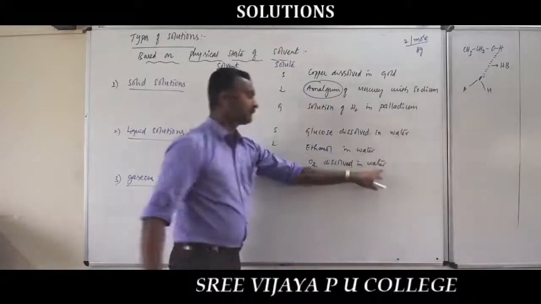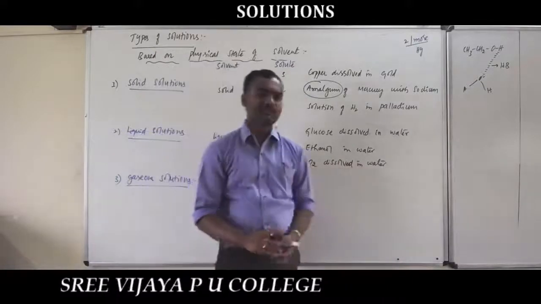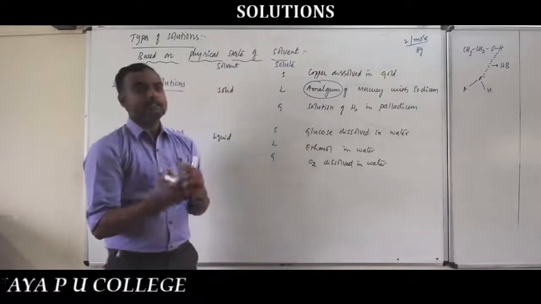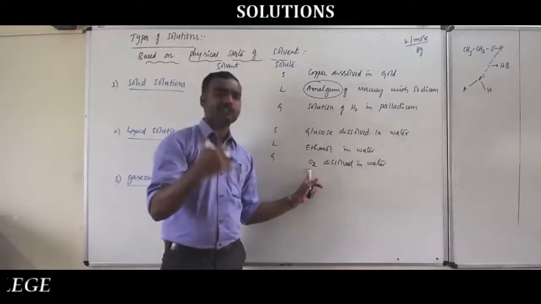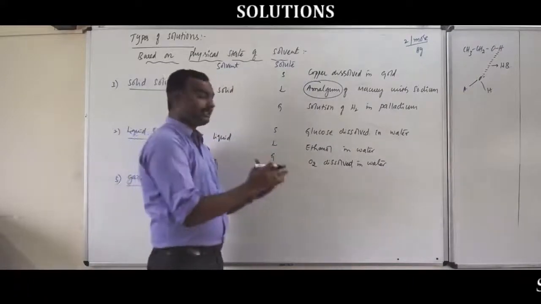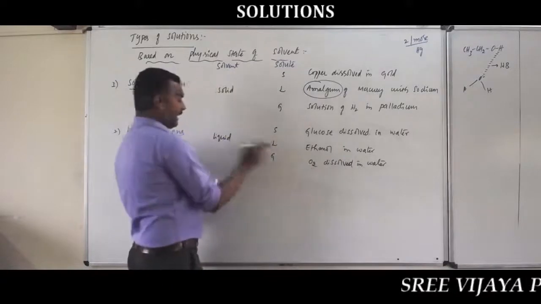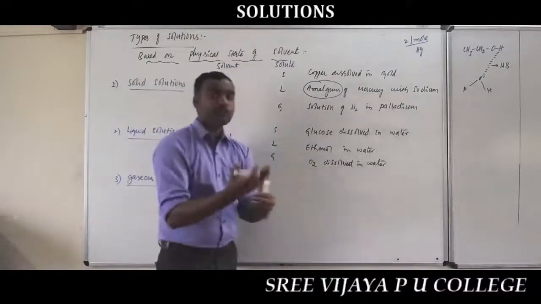Water is a liquid and oxygen is a gas. Dissolved oxygen is very useful for breathing of aquatic animals. Aquatic animals use dissolved oxygen for breathing, not normal oxygen. It means oxygen is easily dissolved in water, so oxygen is a gas and water is a liquid. Since it is dissolved, again there is a homogeneous mixture.